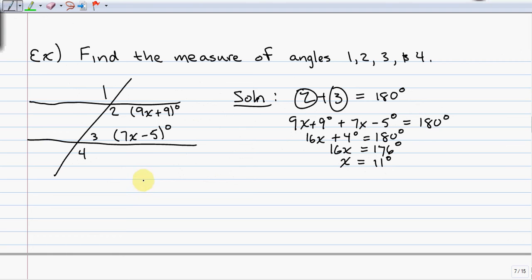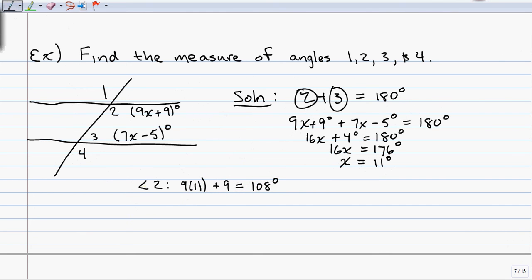So now we know that, let's label it this way, angle 2 is 9 times 11 plus 9, which is equal to 108.